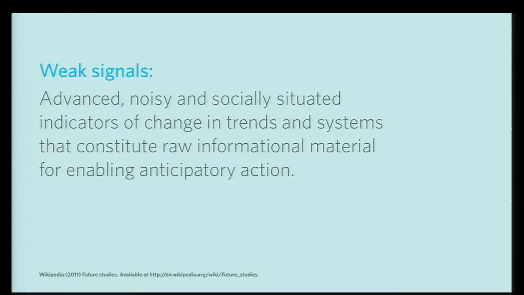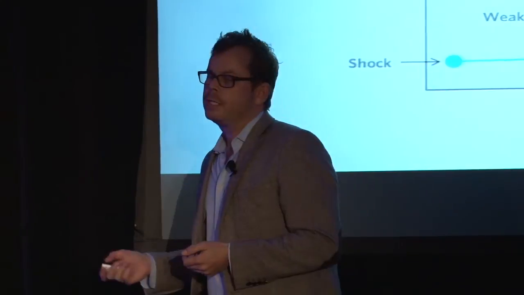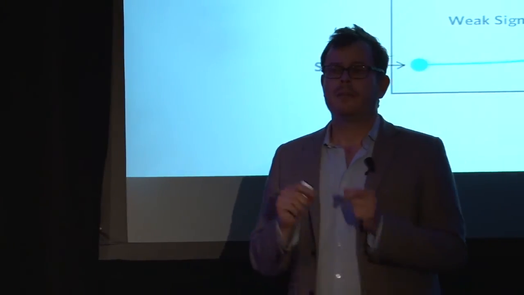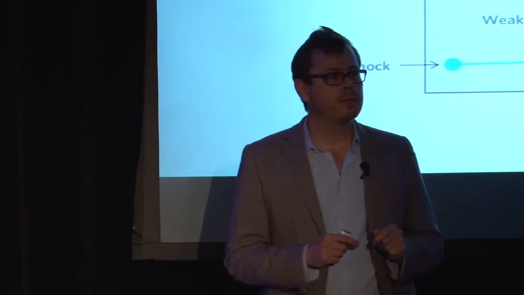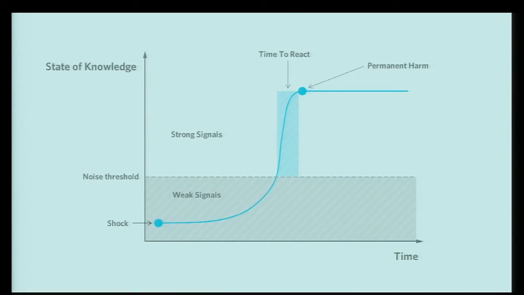But too often they're trapped in a very noisy informational environment. By the time the signal gets strong enough for you to respond, you have a very small window to respond. And in the case of a big international organization like ours, the wheels turn slowly.